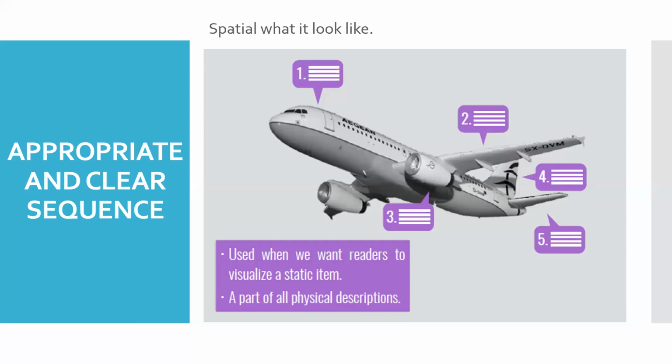Like we move to the cockpit, then to the aeroplane wings, then we go on to the blowers, then to the engine, and then to the last portion of the aeroplane. What if I begin with the engine and then go to the cockpit, then go to the last part, then go to the luggage part? See, it will not help me visualize the aeroplane. Most of us have seen it, right?